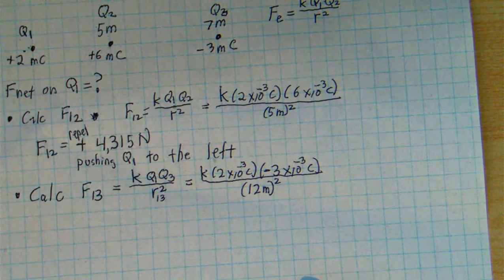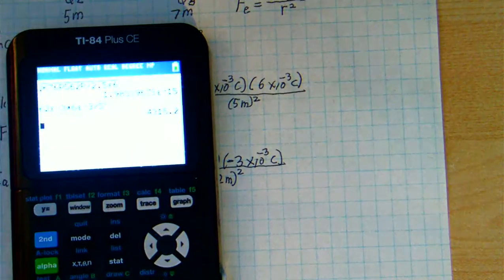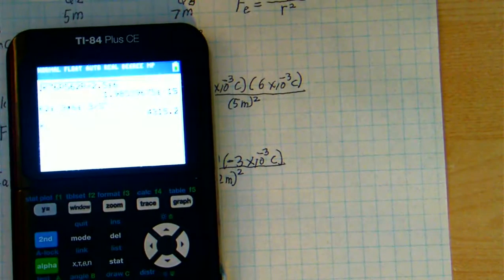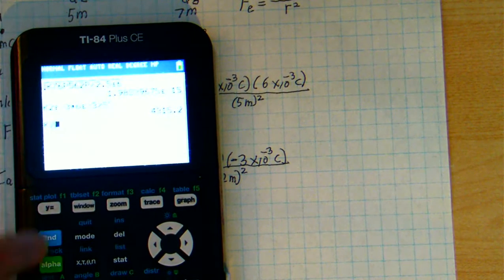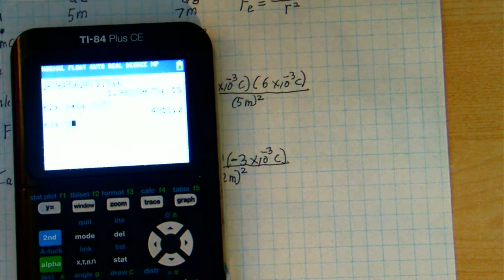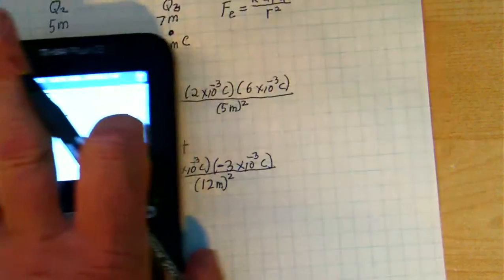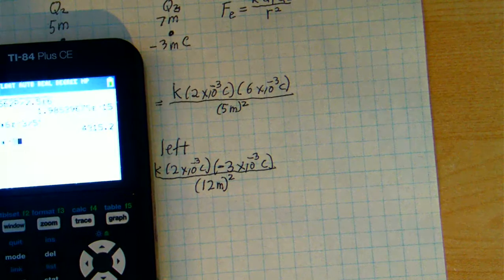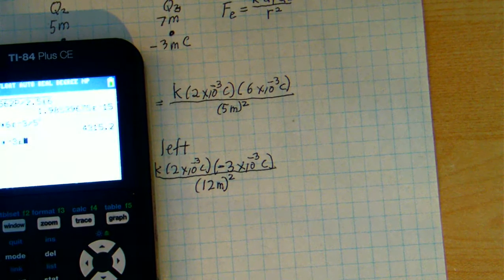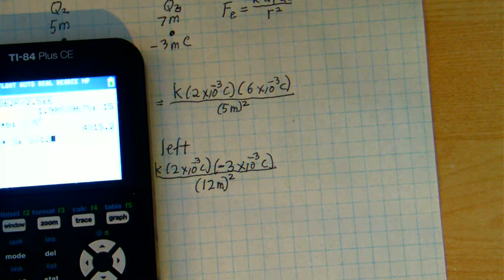Putting this into my calculator, I type alpha k, 2 times 10 to the negative 3 times negative 3 times 10 to the negative 3 divided by 12 squared, enter.